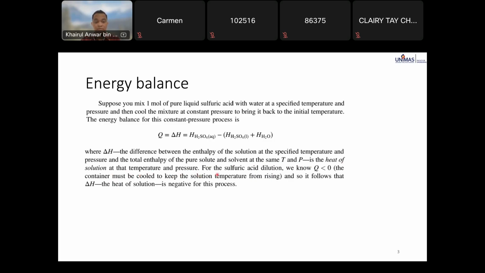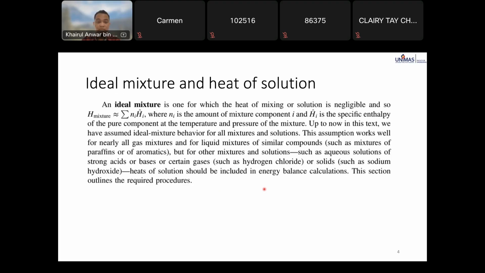At that temperature and pressure, for the sulfuric acid dilution, we know Q is less than 0. The container must be cooled to keep the solution temperature from rising, so it follows that delta H, the heat of solution, is negative for this process.